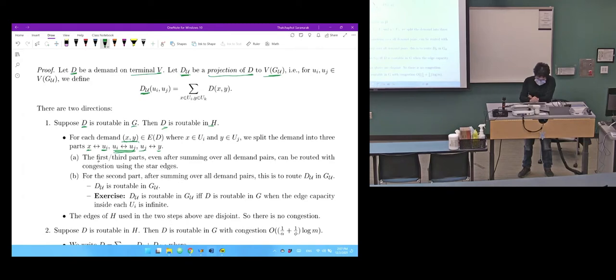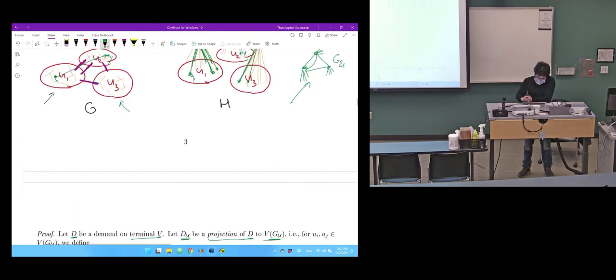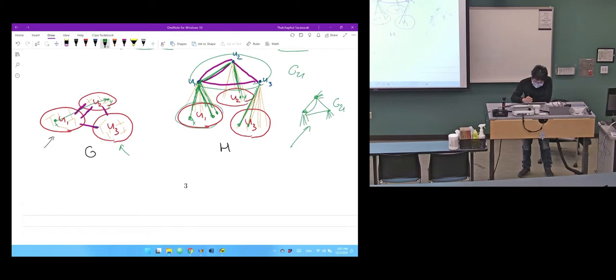Note that sending everything to the root uses only the star edges, right?